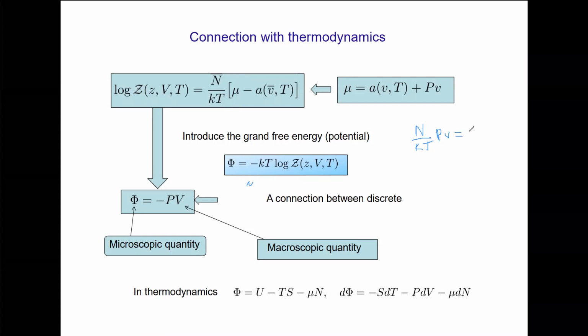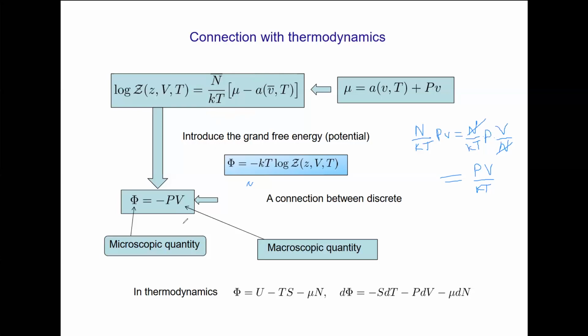But this is nothing else than n over kT times pressure times little v, the volume per particle. So it cancels, and we get pressure in the system times volume in the system over kT. So the right-hand side of this expression is equal to PV over kT.